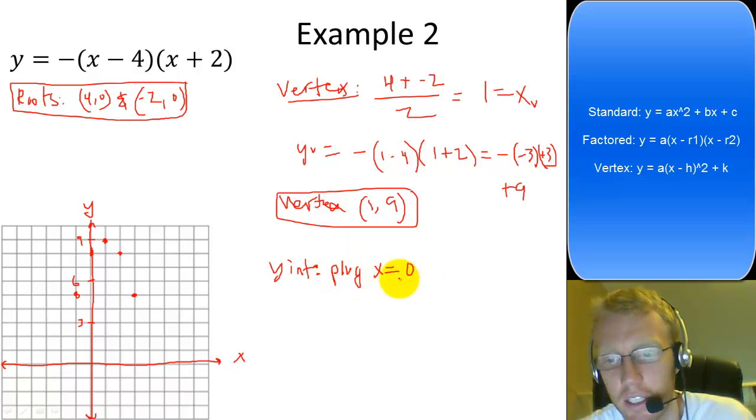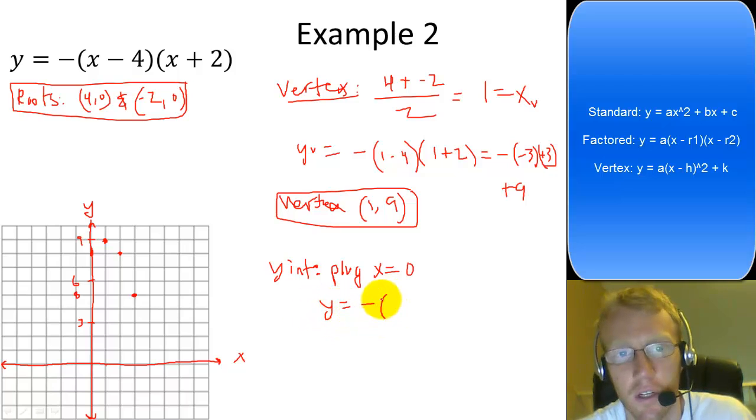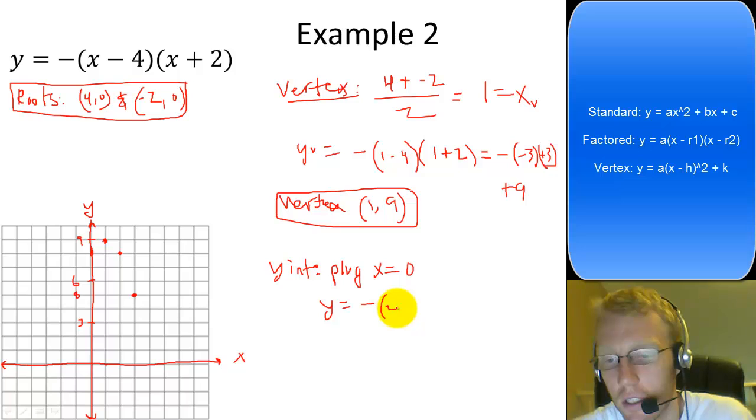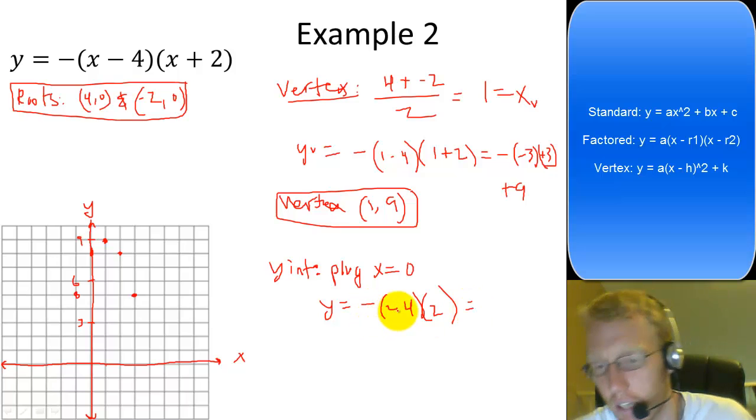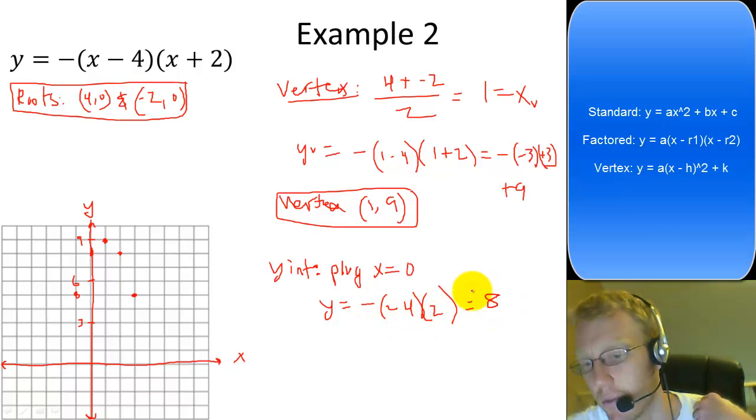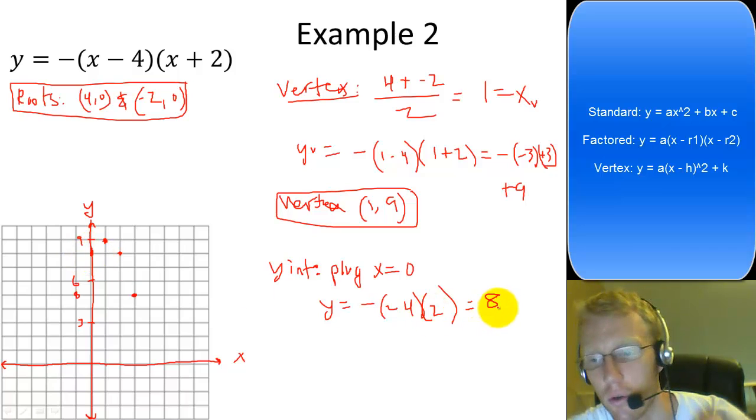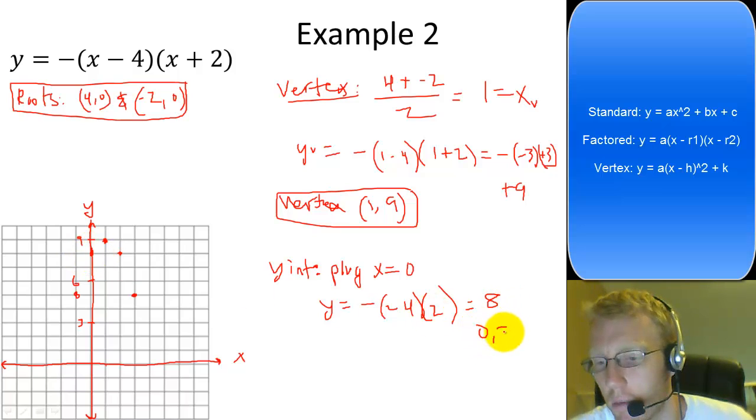So let's try plugging in x equals 0 and see what we get. We get y equals negative of 0 minus 4 is just -4, and 0 plus 2 is just 2, and negative times negative is positive, 4 times 2 is 8. So we get 0, 8, which is what we knew. So 0, 8 equals the y-intercept.